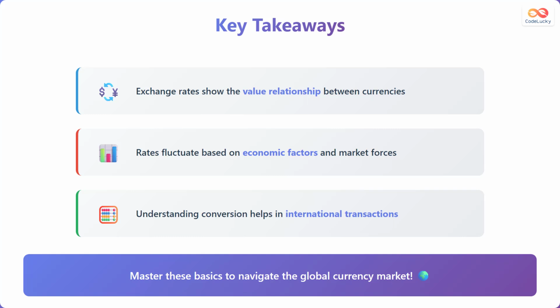Third, understanding currency conversion empowers you to make informed decisions in international transactions, whether you're traveling abroad, investing internationally, or conducting business across borders. With these fundamental concepts, you now have the foundation to navigate the global currency market with confidence and make more informed financial decisions.